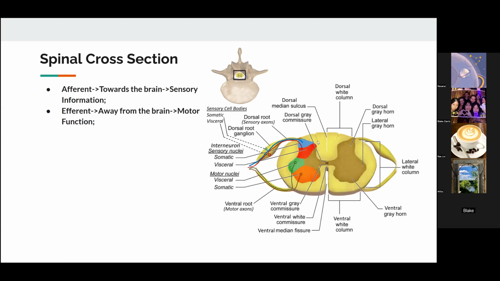And what we know about axons is they come from a place. So these axons are going from the brain to different regions and to different muscles so they can bring motor signals, and they innervate these muscles to induce motor function. So think of efferent away from the brain, afferent towards the brain. Afferent sensory, efferent motor.